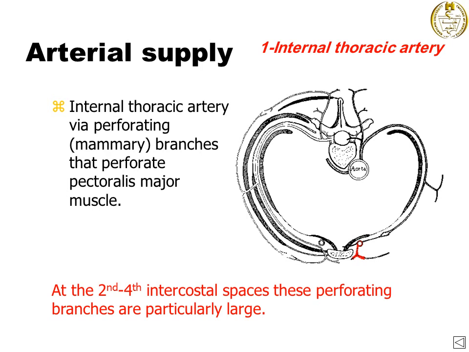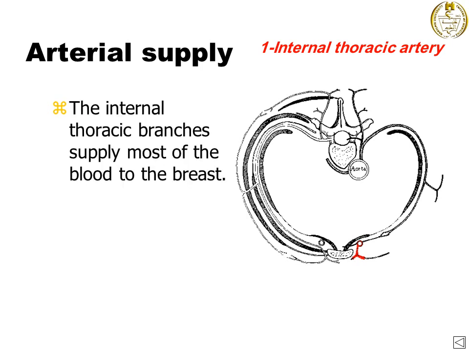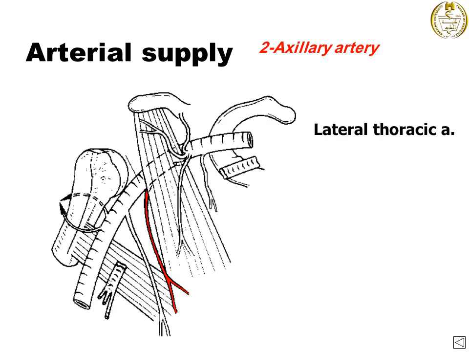At the second and third intercostal spaces, this perforating artery will be large in the female. The internal thoracic artery and its thoracic branches supply most of the blood to the breast.